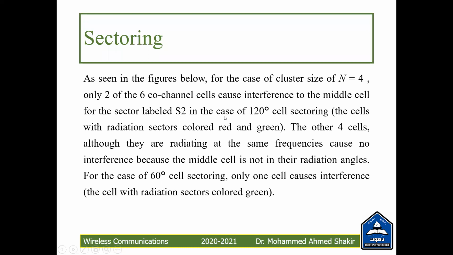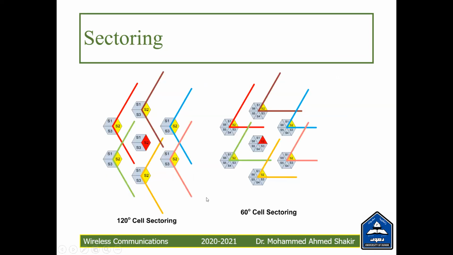Of course, I have talked about this figure. The other 4 cells, although radiating at the same frequencies, cause no interference because the middle cell is not in their radiation angle. For the case of 60-degree sectoring, only 1 cell causes interference, the cell with radiation sector colored in green.